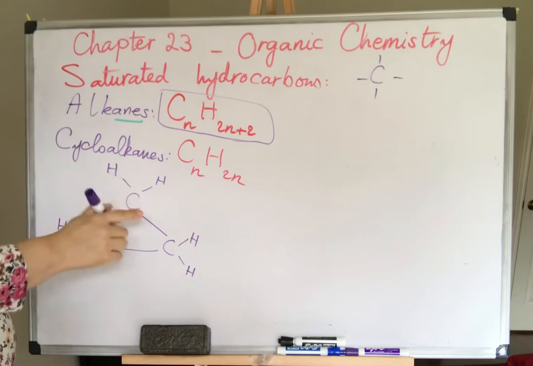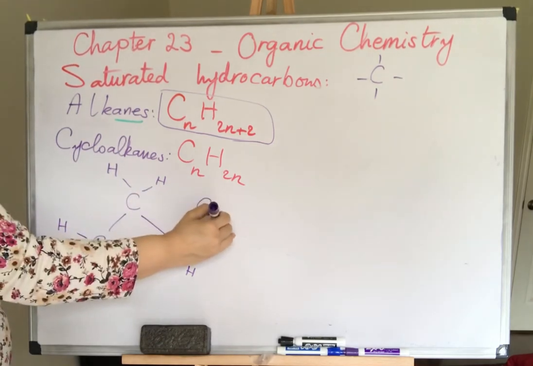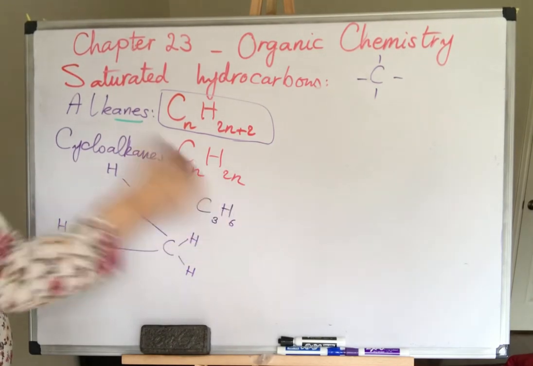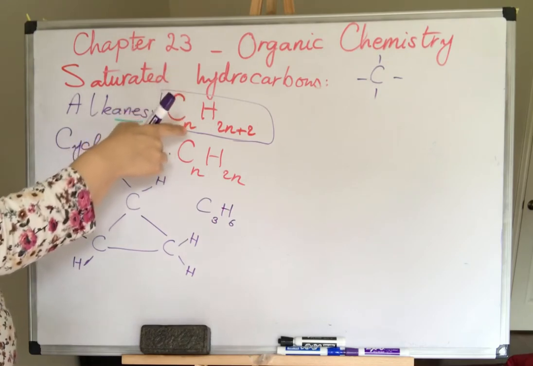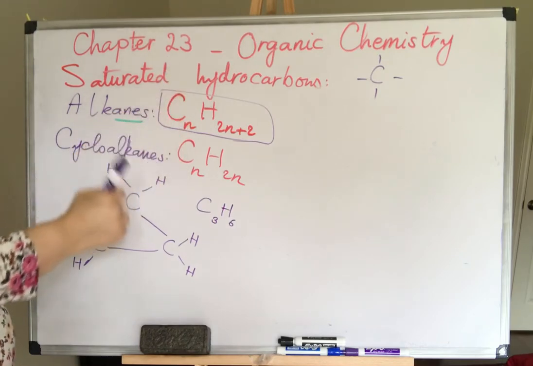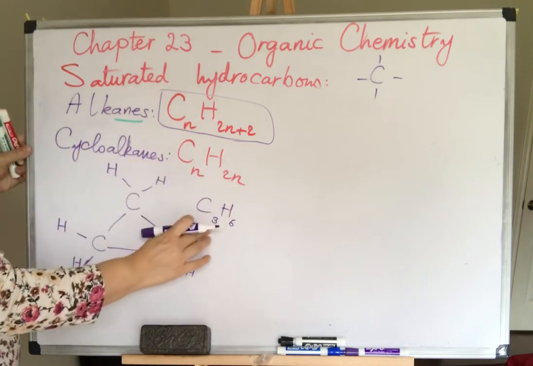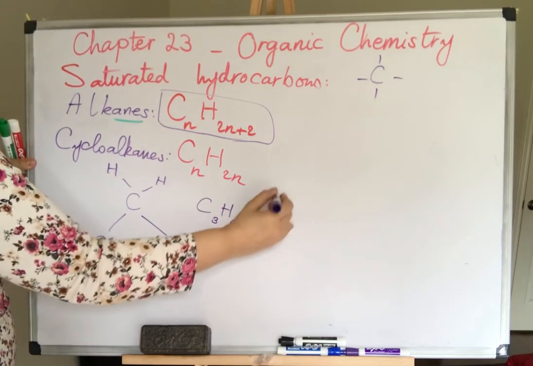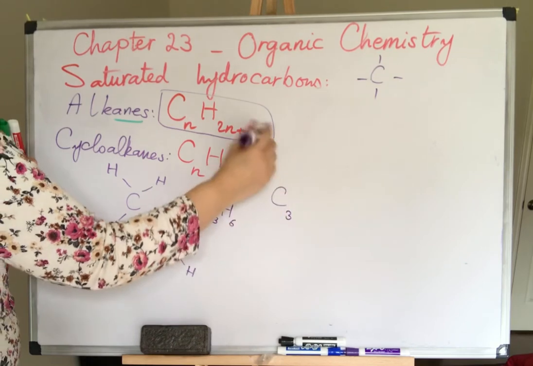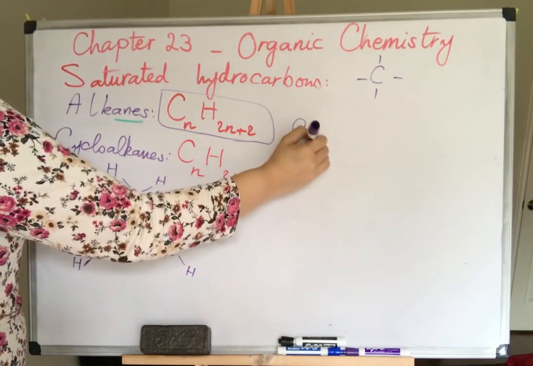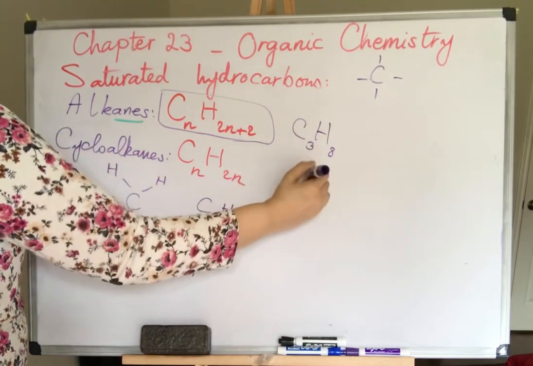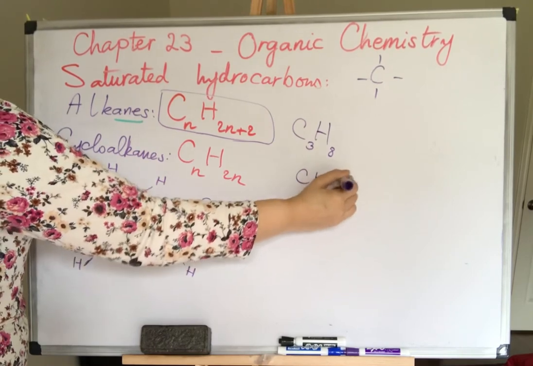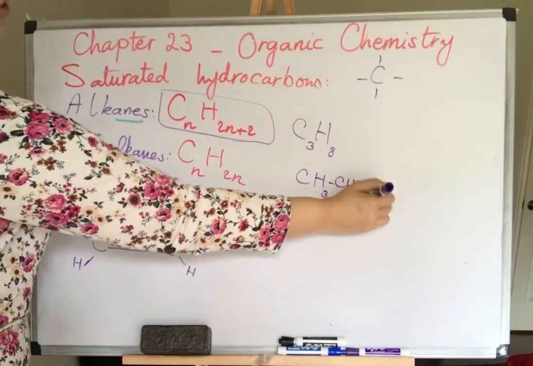Now, let's count. 3 carbons. How many hydrogens? 6. What is the difference between alkane and cycloalkane? 2 hydrogens, because if you did not have a cyclic compound with 3 carbons, you would have 8 hydrogens, right? CH3, CH2, and CH3.